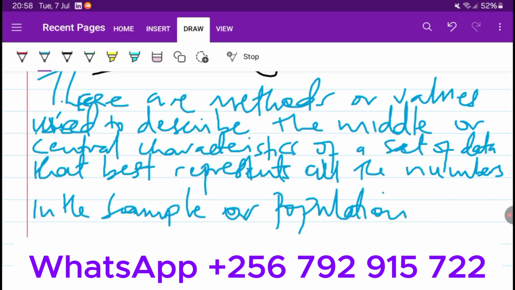And of course, they are the values that lie between two extreme observations in the distribution that are used to summarize data by trying to find one number.